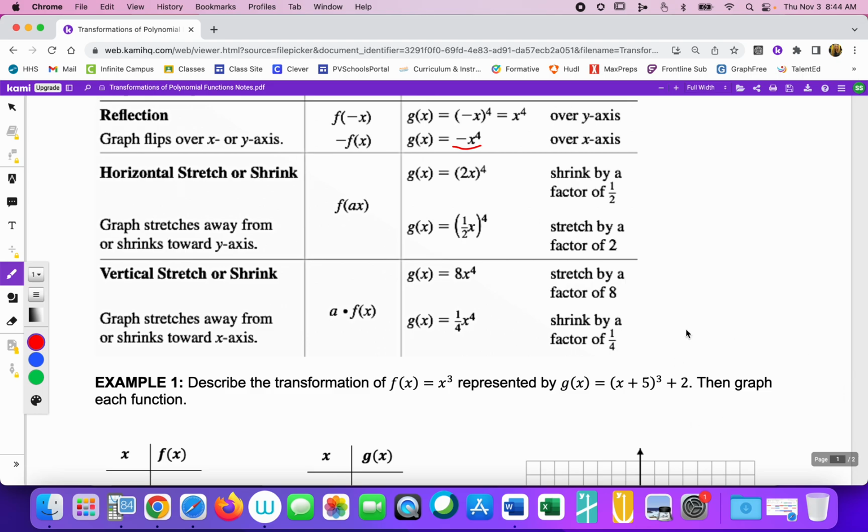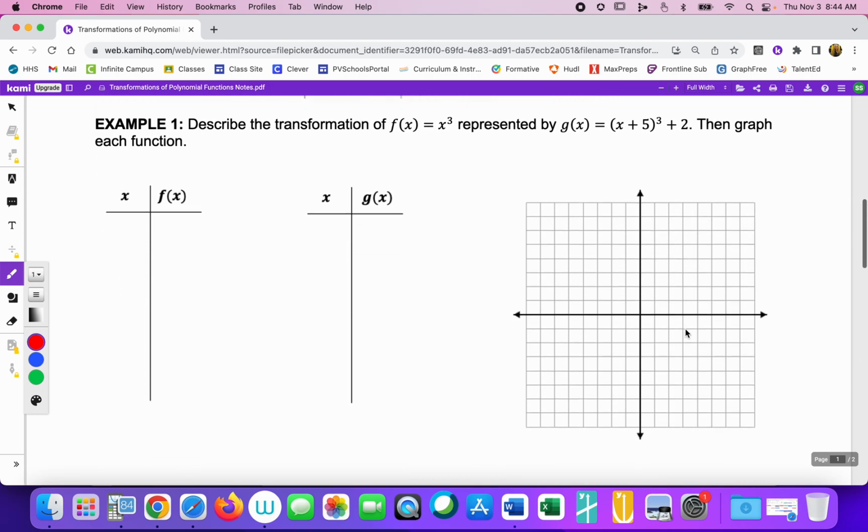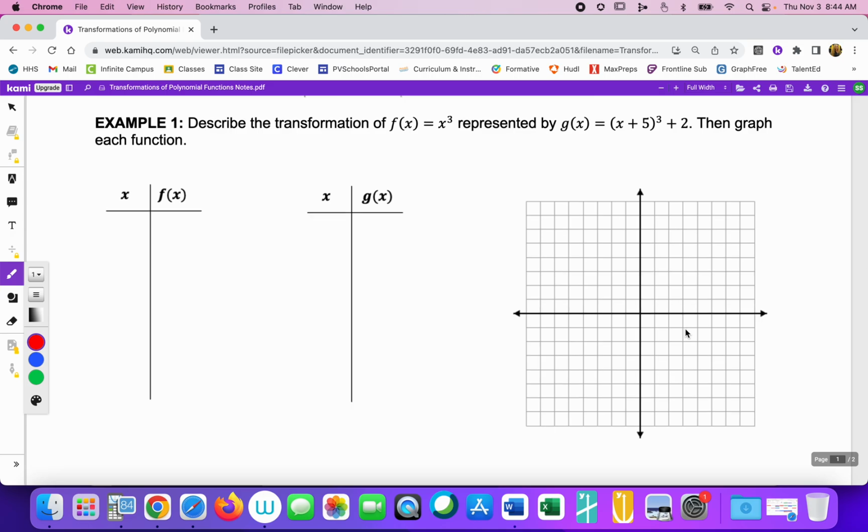Okay. So for the first one, we're going to describe the transformation. So if f of x is the parent function of the more basic function, we're going to describe what g of x is in terms of that, so where it's going. And then we're going to graph both, and that should reflect that. So what's one transformation that's happening in g of x from the original f of x function? So if it goes from x cubed to (x plus 5) cubed plus 2, what's happening?